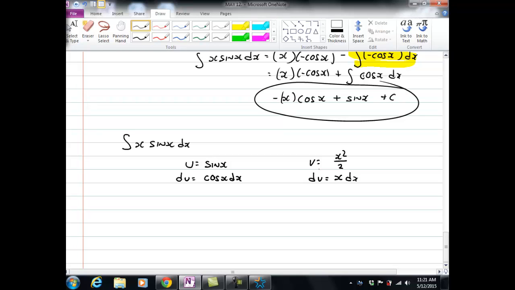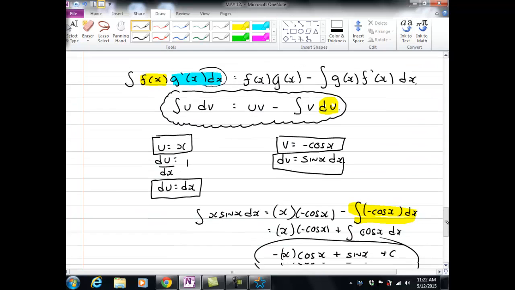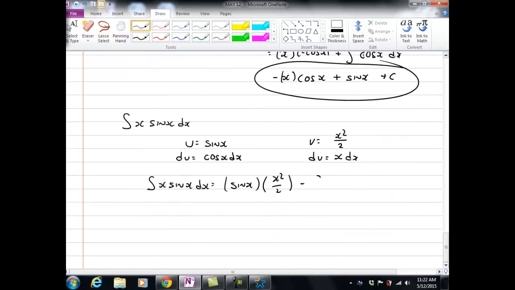So I'm going to use the formula. So now this becomes x sine x dx equals, watch, uv. So this becomes sine x times x squared over 2. Okay, uv minus integral of x squared over 2 cos x dx.